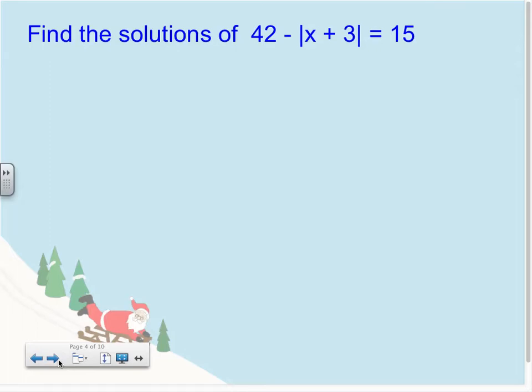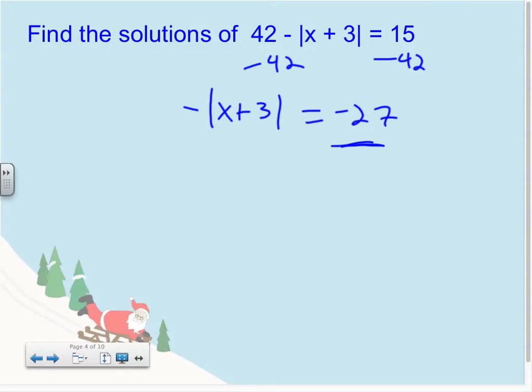Here we have an example. We have something else going on. The first thing we have to do is get the absolute value by itself so we can get rid of that absolute value. So we have 40, let's subtract 42 from both sides. And we'll have negative, or the opposite of the absolute value of x plus 3 equals negative 27. Now you might be thinking back to the last example where we had a negative over here, and we said, well, that means that we can't have any solutions. But that's actually not the case because there's also a negative sign over here in front of the absolute value.